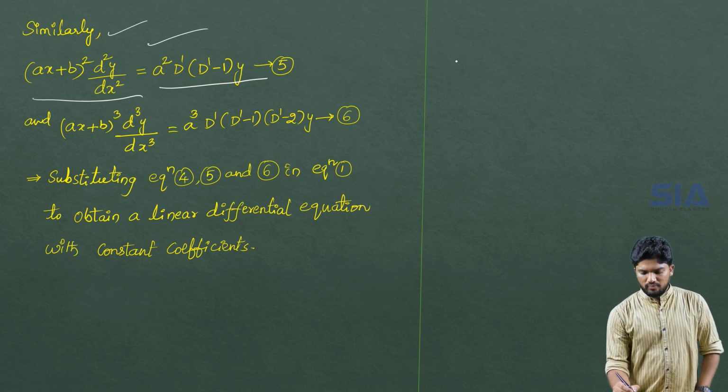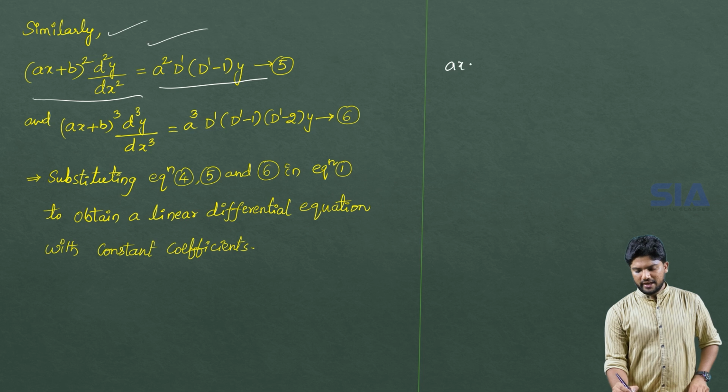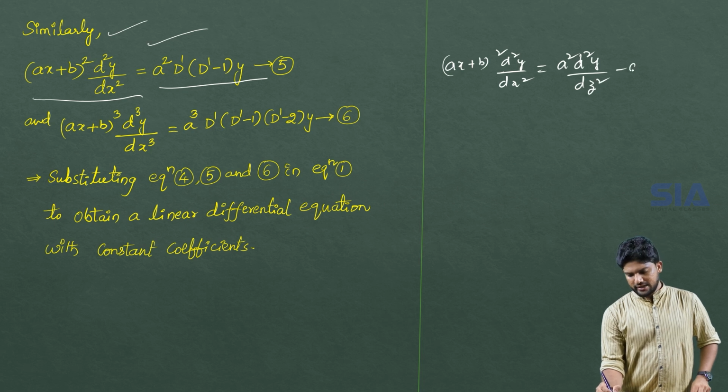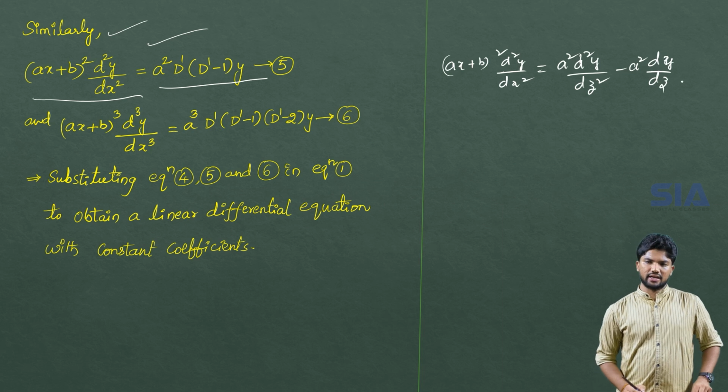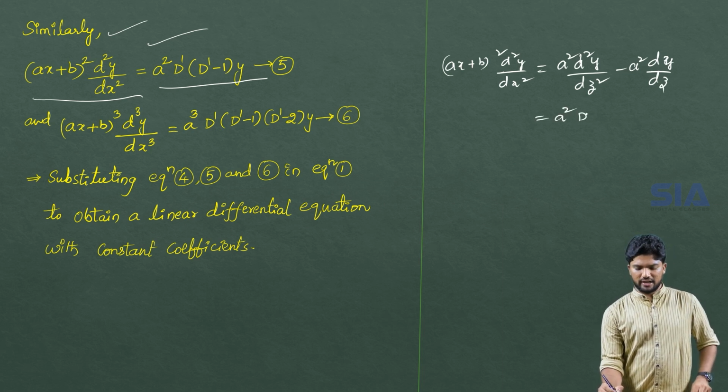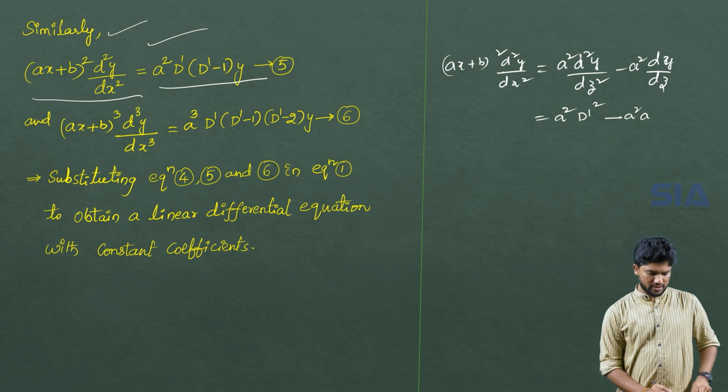Because if you apply the second derivative, ax plus b whole square d square y by dx square, you will get a term in this format: a square into d square y by dz square minus a square into dy by dz. You know very well a square into d square y by dz square you can write as D dash square, and a square into dy by dz you can write as D dash.